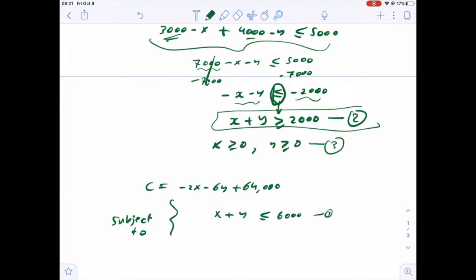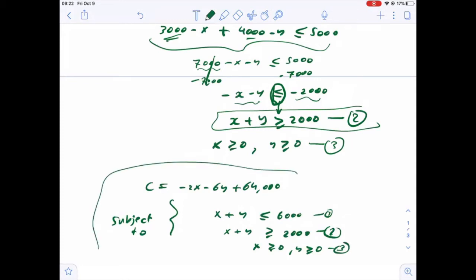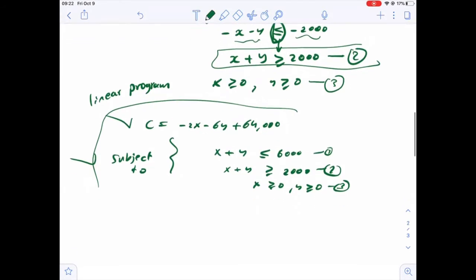And we have x plus y greater than or equal to 2,000. And x greater than or equal to 0, y greater than or equal to 0. Now, this is the linear program. It consists of the objective function and some constraints. Now we want to solve this because we want to minimize the costs.